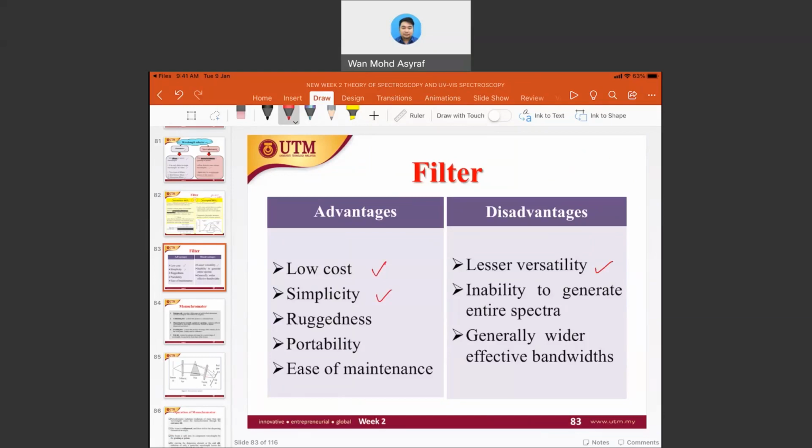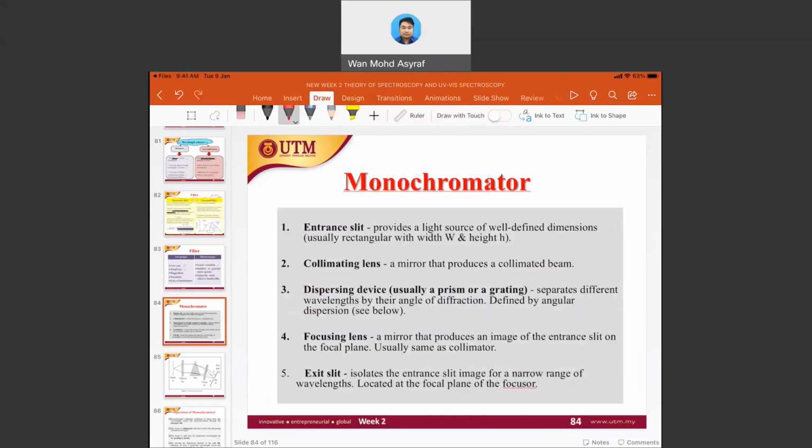I will continue on the wavelength selector with the monochromator here. A monochromator has many parts inside. The first one is an entrance slit, and then we have a collimating lens, a dispersive device, a focusing lens, and an exit slit.